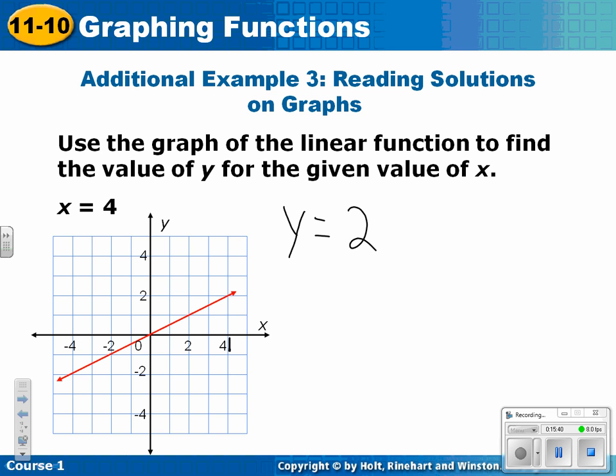When we actually graph them, this line represents every single possible solution to the equation for this line. Let's say this equation, let's come up with it. Let me try and come up with two equations.